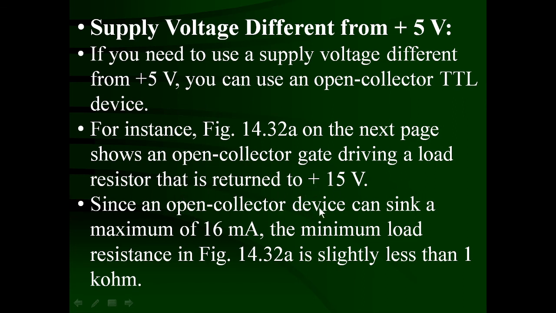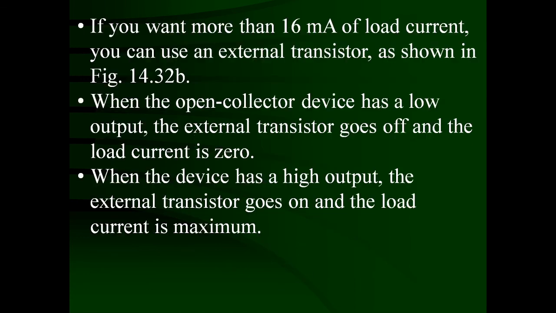Since an open collector device can sink a maximum of 16 milliampere current, the minimum load resistance in figure 14.32a is slightly less than 1 kilo ohm, because 15 volt divided by 1 kilo ohm is nearly 15 milliampere. So with slightly less than 1 kilo ohm, 16 milliampere current maximum can pass through the sink transistor.